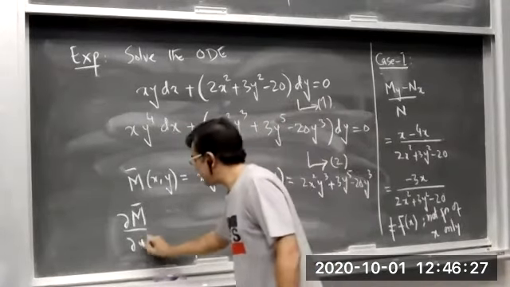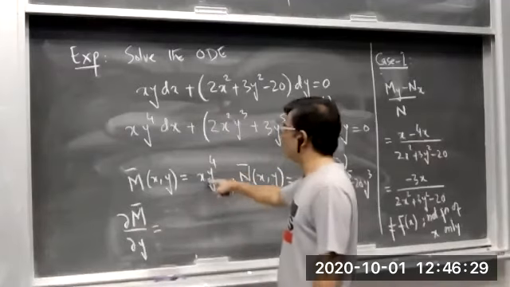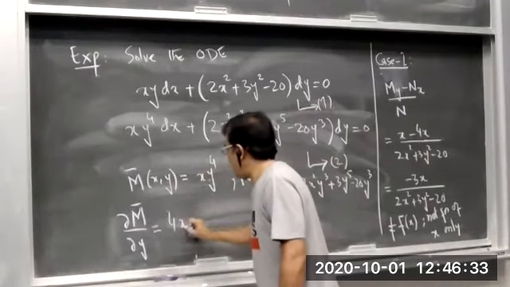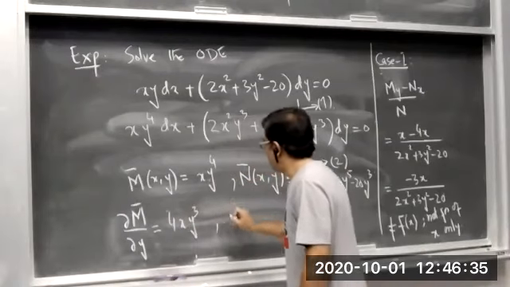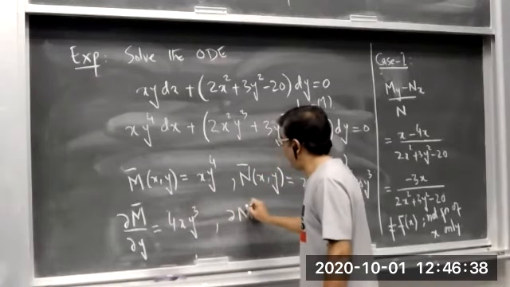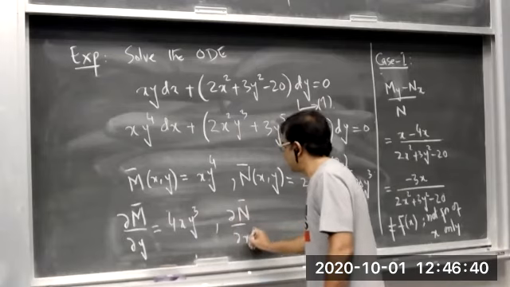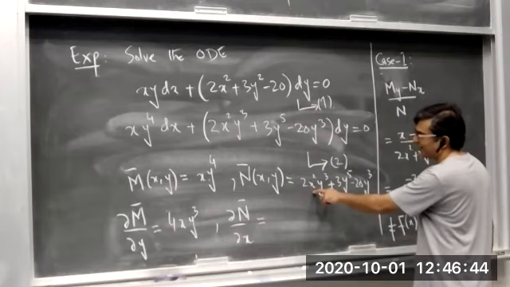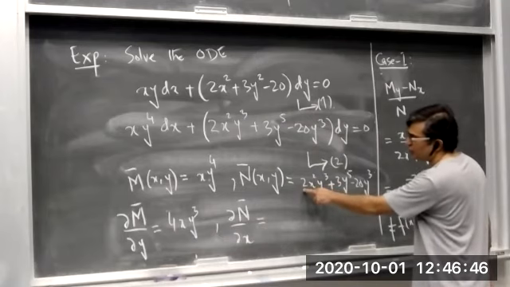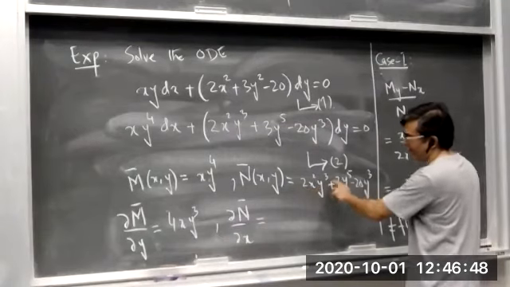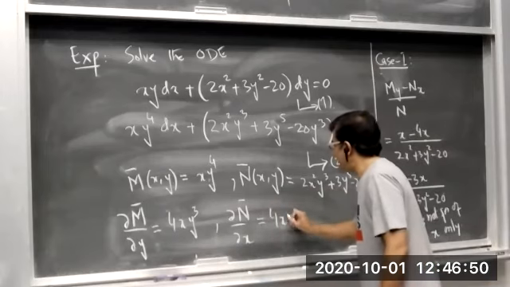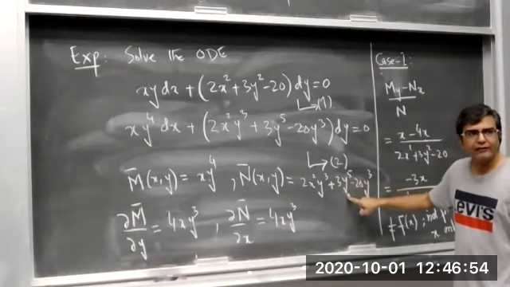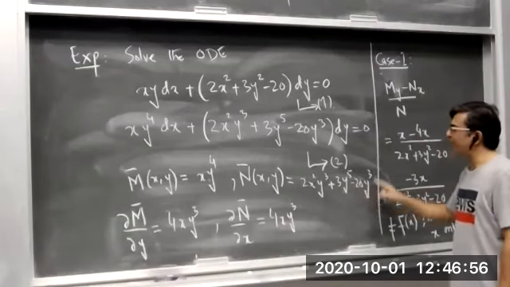Now partial M bar by partial y is what now? 4y cube and x, 4xy cube, and partial N bar over partial x now is what? With respect to x, derivative लेंगे तो 2x square, x square का derivative 2x, 2 into 2 is 4x y cube, so 4x y cube. बाकी ये function of y है, respect to x derivative 0 हो जाएगा, यहाँ पे भी x नहीं है, ये भी 0 हो जाएगा.